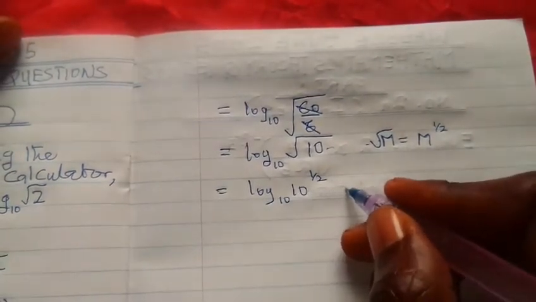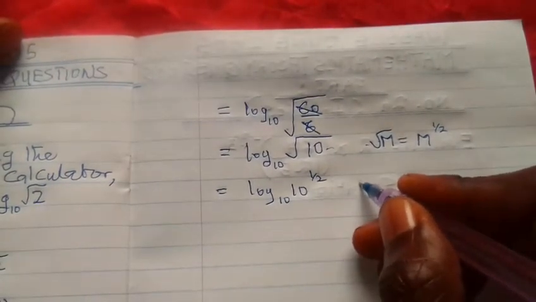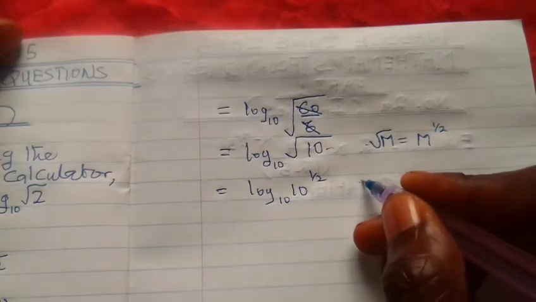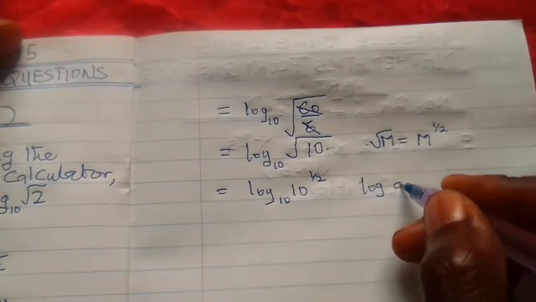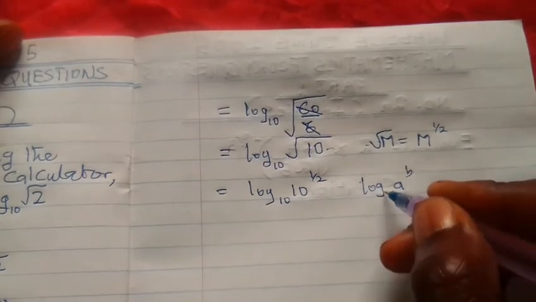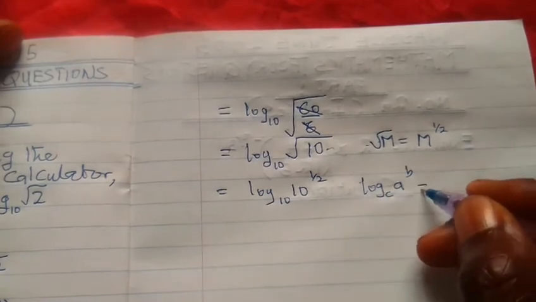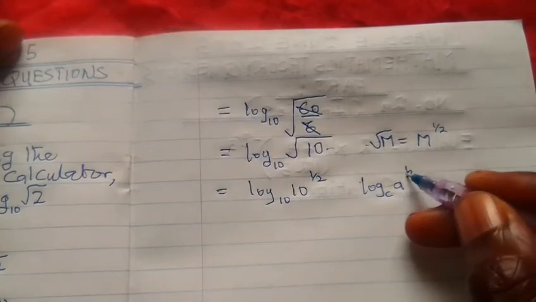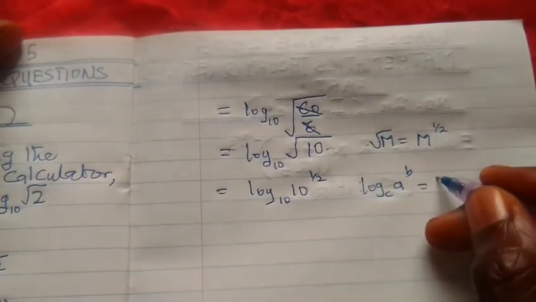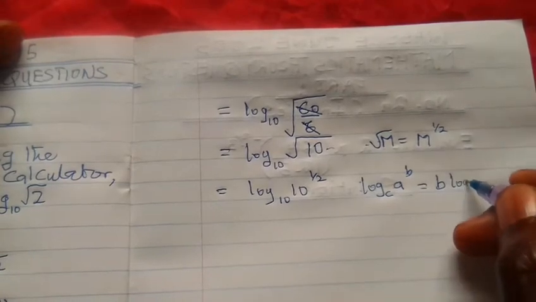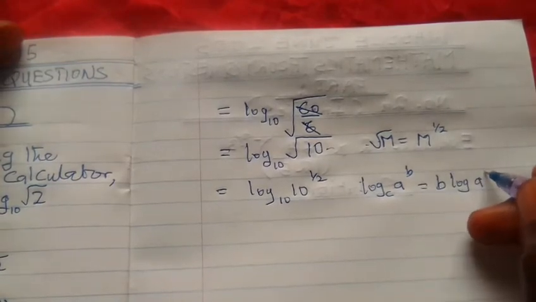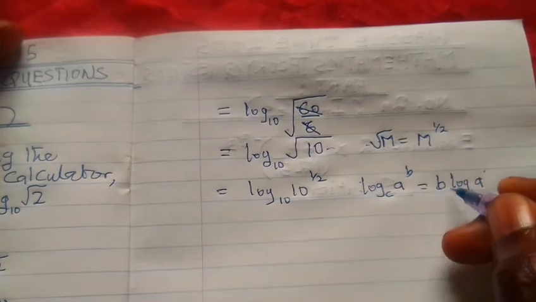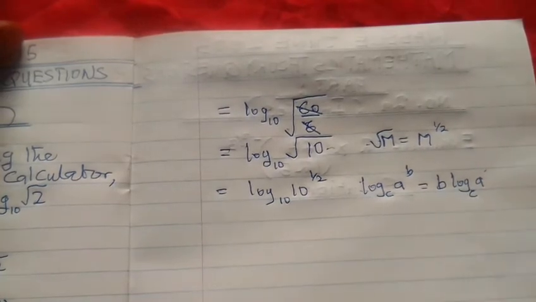Now, at this point here, we have a law of logarithm also. According to the law of logarithms, if we have log A power B base C, then to remove this power of the number A, I'm going to use this power of the number to multiply the log. So I'll write it as B log A. So the B has left the power position and has come to the front here, and then the base C is still there.